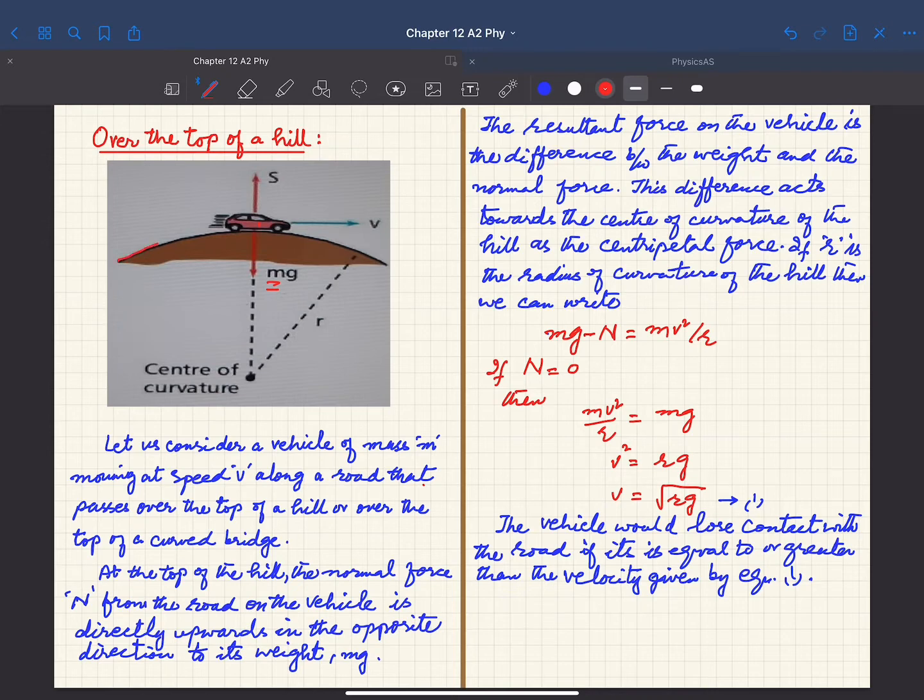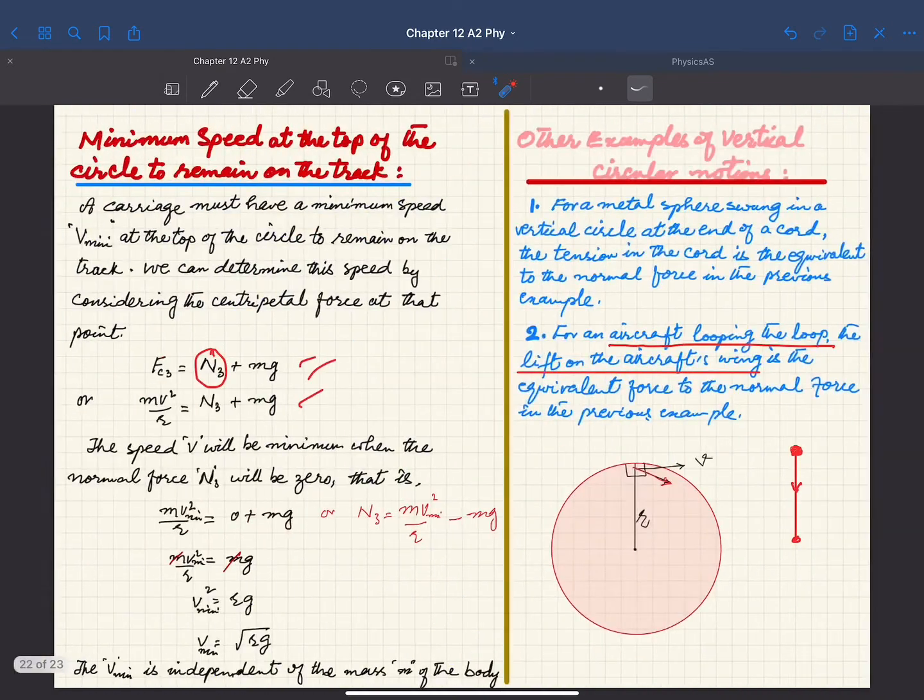And here you have a sort of hill or a curved bridge, and the vehicle is moving with velocity v. Again we have to consider what the situation of the normal force is, and the weight is here. At the top of the hill, the normal force from the road on the vehicle is directly upward, in the opposite direction of its weight, as we have discussed in the previous example as well.